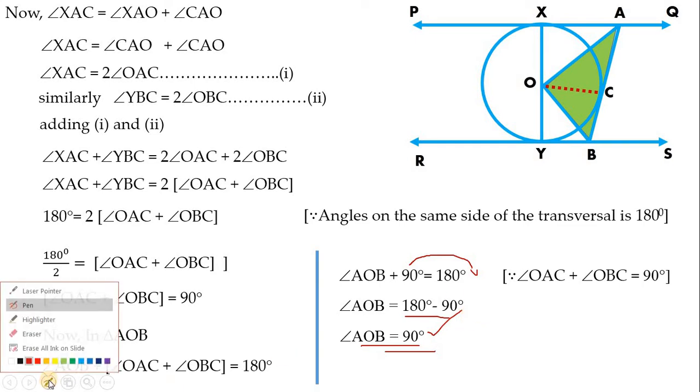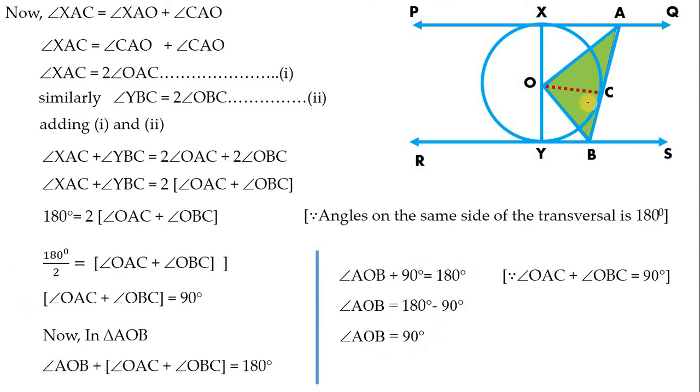Let me remind you how I have proved this. First I have taken these 2 triangles and shown these 2 triangles are congruent, and later I have shown this angle XAC equals 2 times OAC. Next, similarly, angle YBC we can write as 2 times angle OBC.